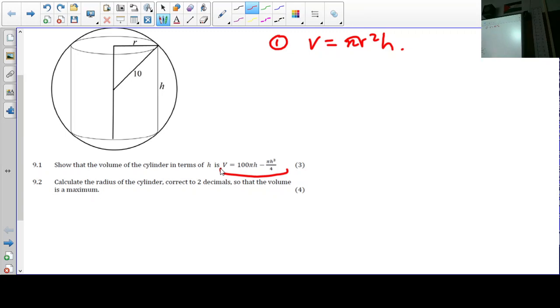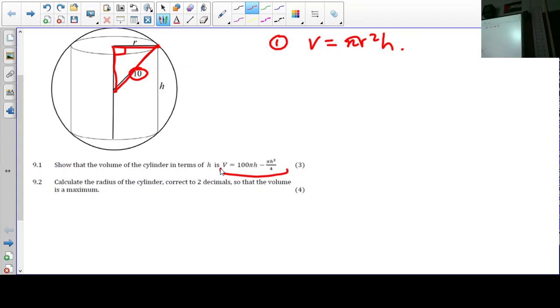So in other words, we must write r in terms of h first. Where do you find r? If you look at this diagram, there is a 90 degree angle and the hypotenuse is 10, so I'm going to apply Pythagoras. Let's just check here again. The volume is equal to 100 pi h minus pi h cubed over 4.